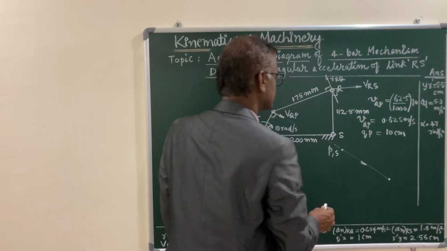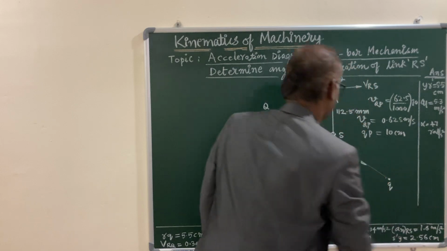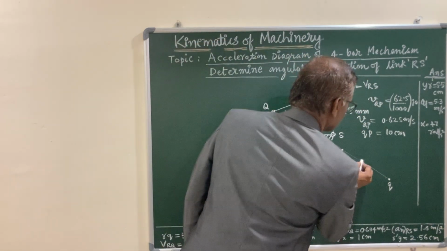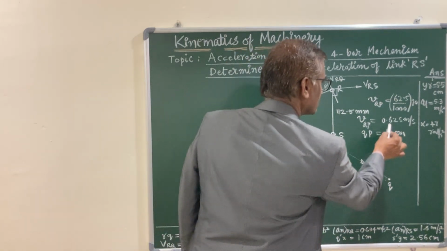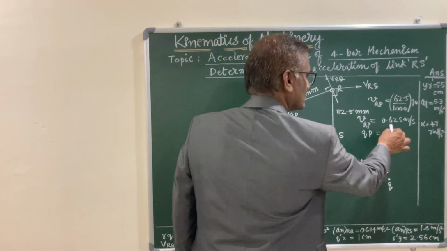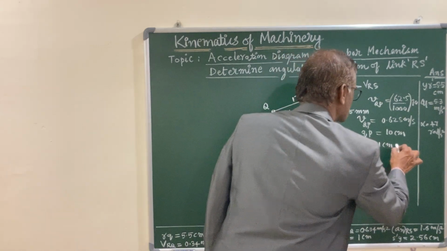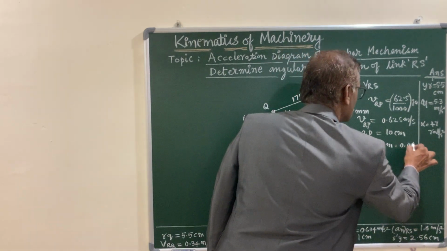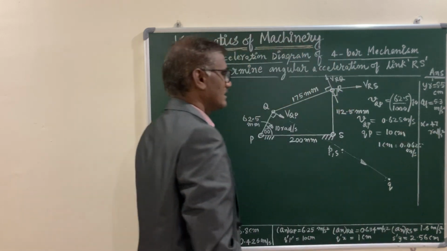This indicates QP, the velocity of the driving link. The magnitude is known, that is 0.625, and taking that as the scale, 1 centimeter is equal to 0.0625 meters per second. This is the scale.